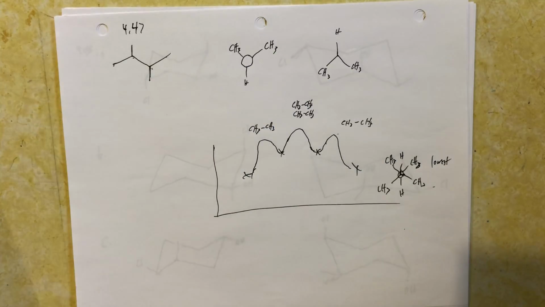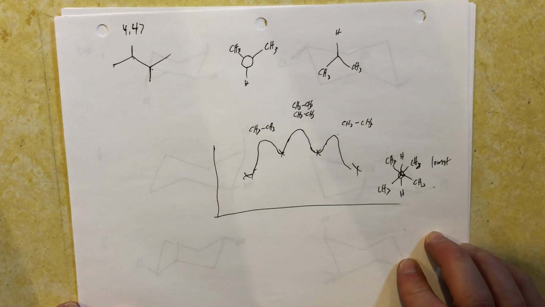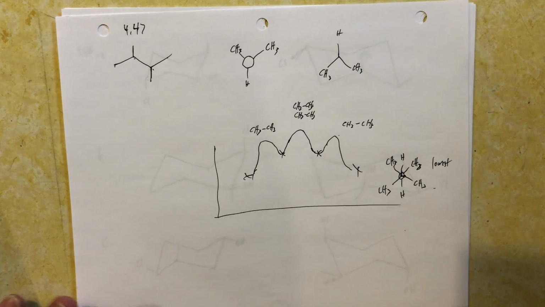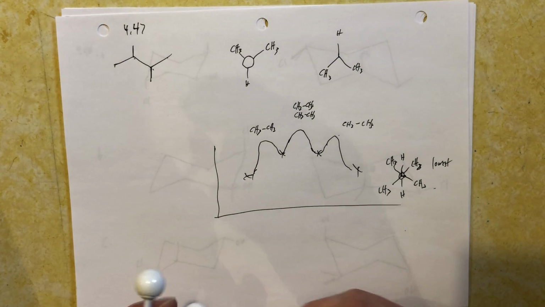4.47, and it's asking about kind of the same thing. We've got dimethylbutane though, so instead of butane, we've got a dimethyl.